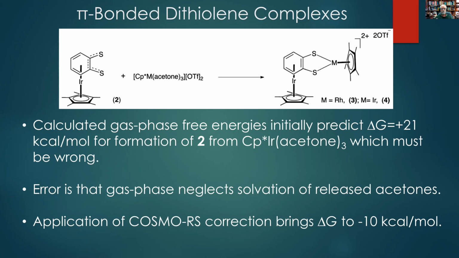And when the acetones are liberated from the initial structure, they go into a bath of other acetones, which then stabilize those molecules very effectively. And as a result, between including a kind of nominal solvation model and then applying a more sophisticated method called Cosmo-RS, which takes into account more of the dynamics of the solution, we found that we could predict a delta G that was negative. And of reasonable magnitude, so that we were in fact getting, at that point, qualitative agreement with the experimental behavior.